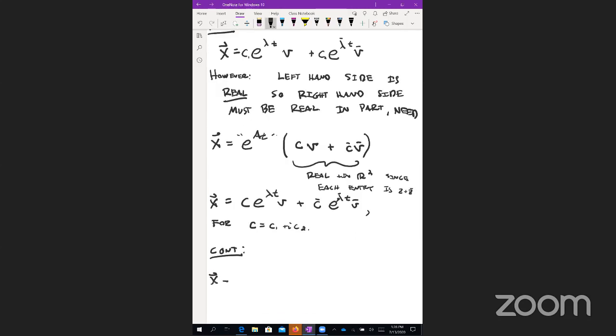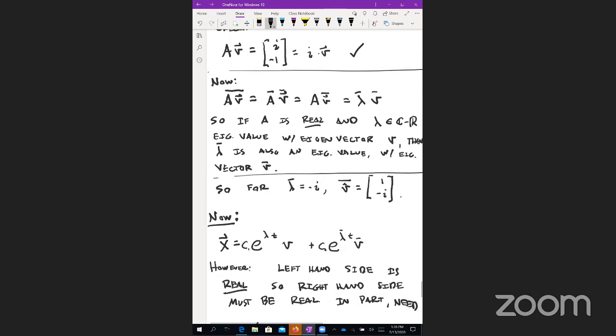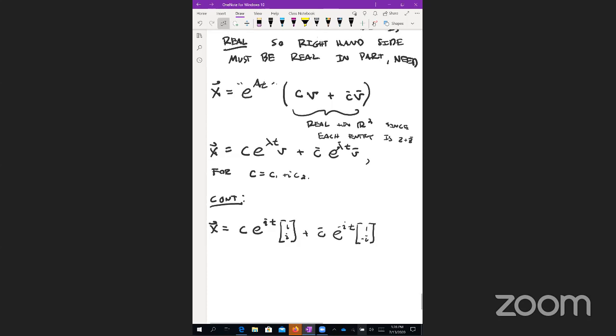So this is x equals, well, c and c bar for the moment. So c e to the I t times, what did we have here? We had 1, I; c bar, e to the minus I t, 1, minus I.